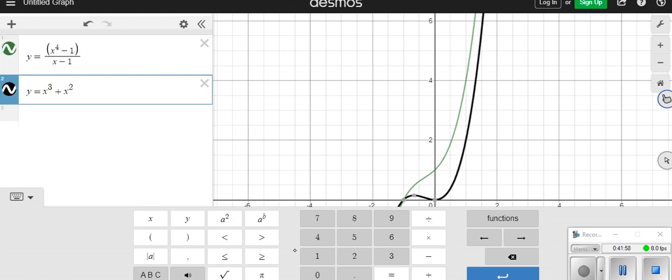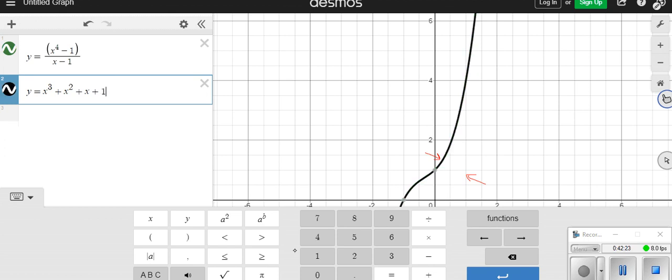Now look at this black line as opposed to the green line. Look how this one's changing as opposed to our original. Look at how they're changing as I add different pieces to it. Plus x, plus 1.